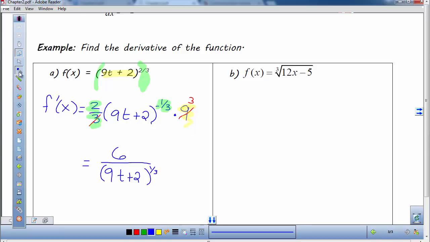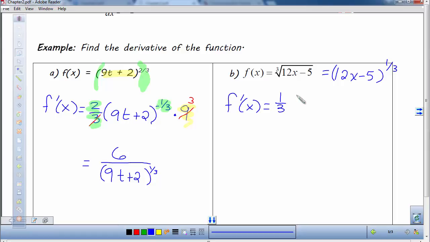Let's look at the second example. First of all, I'm just going to rewrite this as (12x minus 5) to the 1/3 power. That was just algebra. Now I'm ready to take my derivative. So I bring my exponent out front and I subtract 1. 1/3 minus 1 is what?